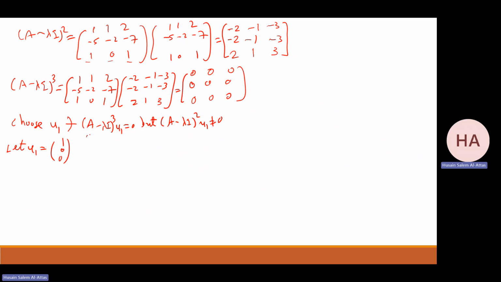For sure, this will be satisfied since this matrix is the 0 matrix, so any vector can work out. This one, multiplied by 1, 0, 0, for sure I'm not getting the 0 vector, because it will be minus 2, minus 2, 2, which is the first column. So my choice is correct, satisfying this and this.